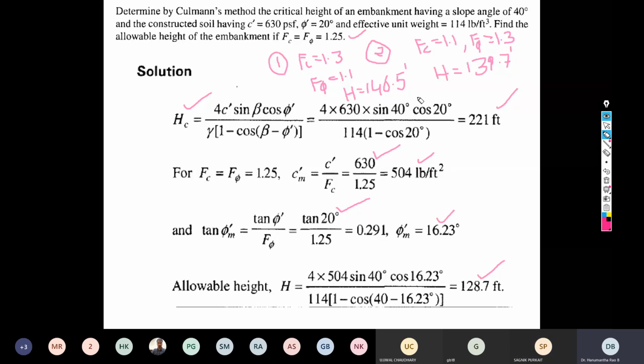Now let us try to make some inferences based on these 4 values. Based on these 4 values, can anybody comment on which one, the cohesion or the friction angle, is dominating or most important? Is it the cohesion or the friction angle?